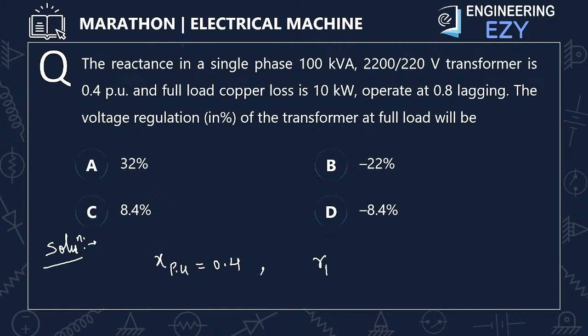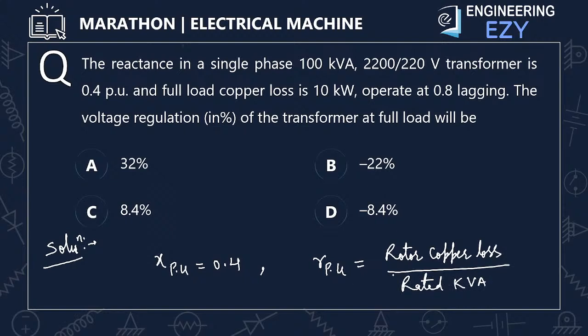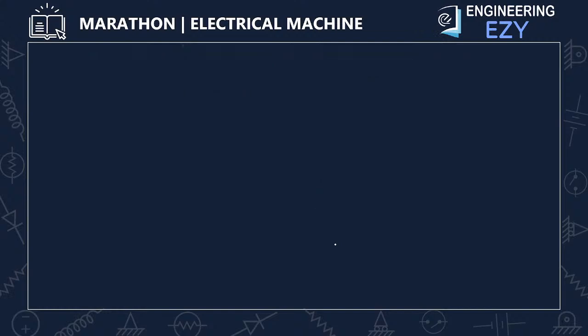Resistance per unit of the transformer is copper loss divided by rated kVA. If we calculate in this transformer, R per unit is 10 upon 100, that is 0.1.